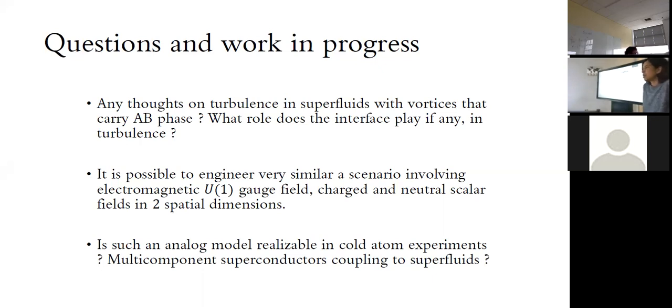So she's trying to find smaller examples. The model that I have is really a multi-component superconductor. I have charged scalar fields with plus and minus 1 charges that couple to another superfluid, which is a neutral scalar field.